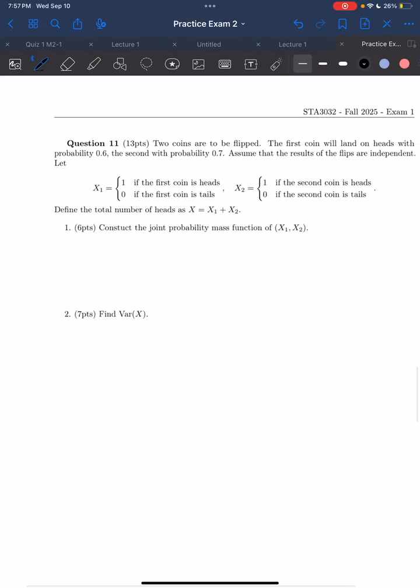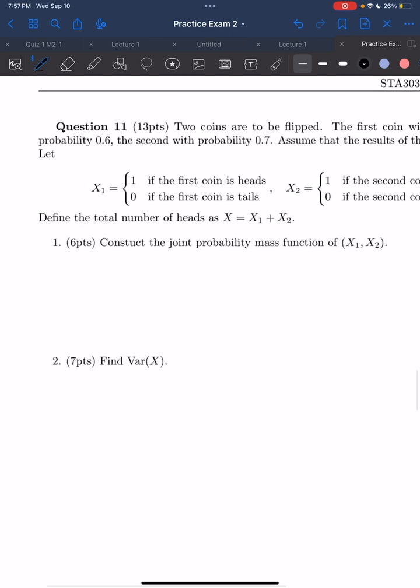So we have our distributions here, and it's asking us to construct a joint probability mass function of x1 and x2. To start, we can find the possible pairs of values that we can have for x1 and x2.